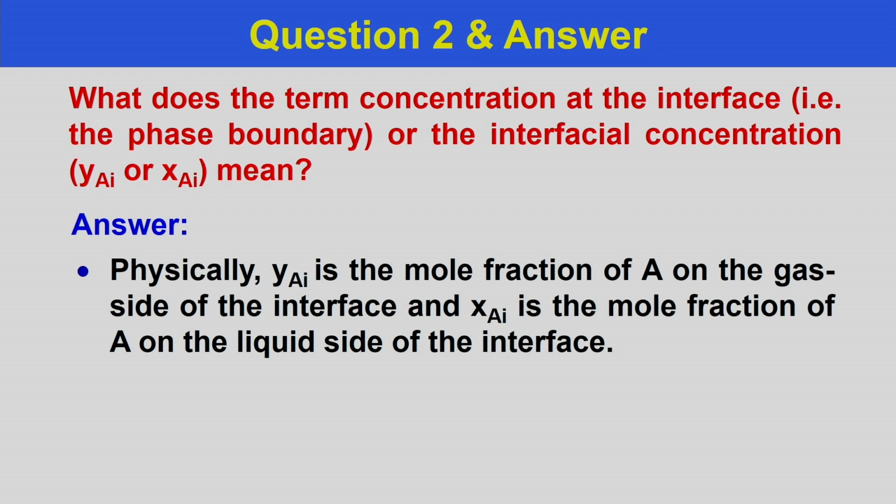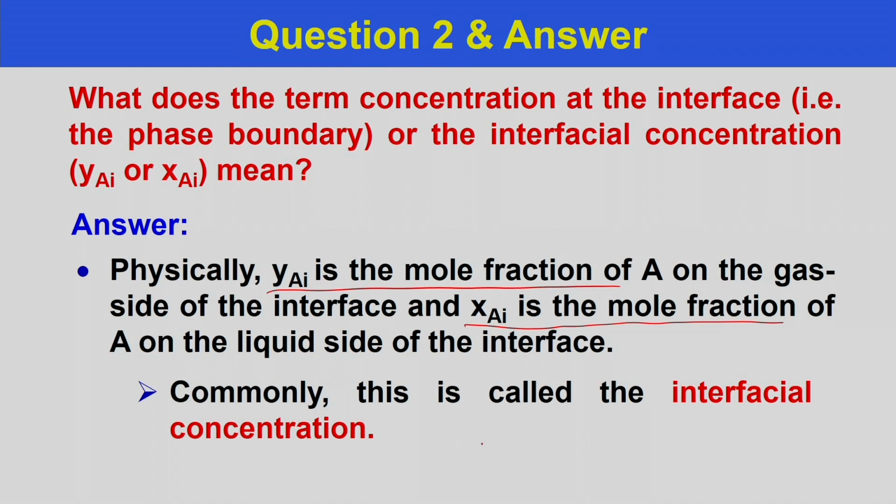Physically, Y_AI is the mole fraction of A on the gas side of the interface, and X_AI is the mole fraction of A on the liquid side of the interface. Commonly, this is called the interfacial concentration.